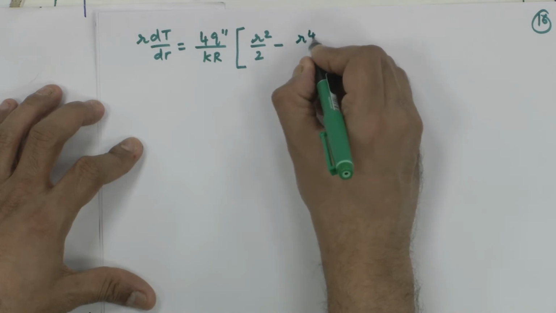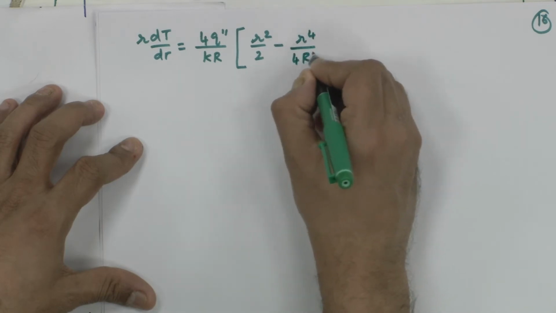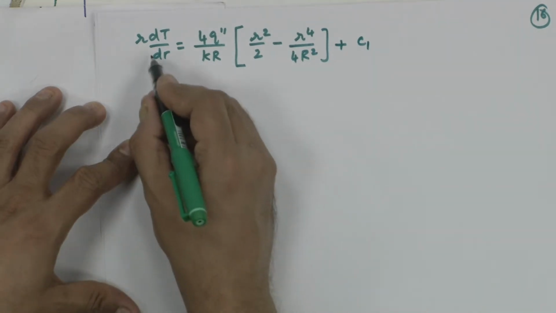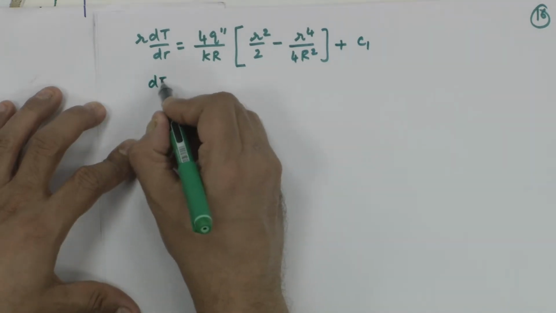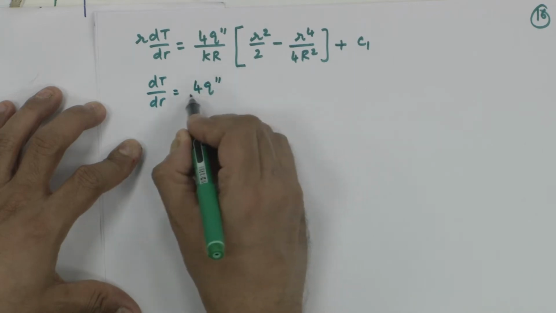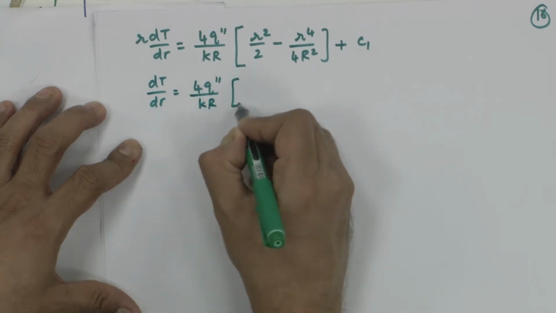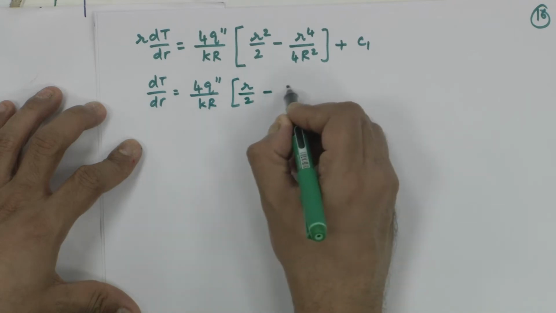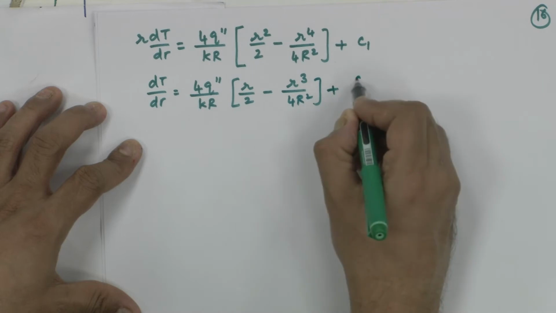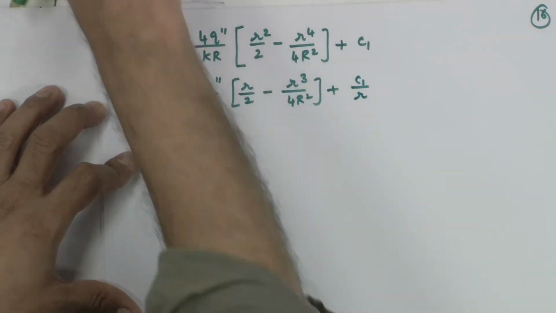R to the power 4 divided by 4 capital R squared, plus C1. Divide through by r, I get dT by dr is equal to 4 q double prime by k R. This becomes r by 2 minus r cube by 4 capital R squared plus C1 by r.